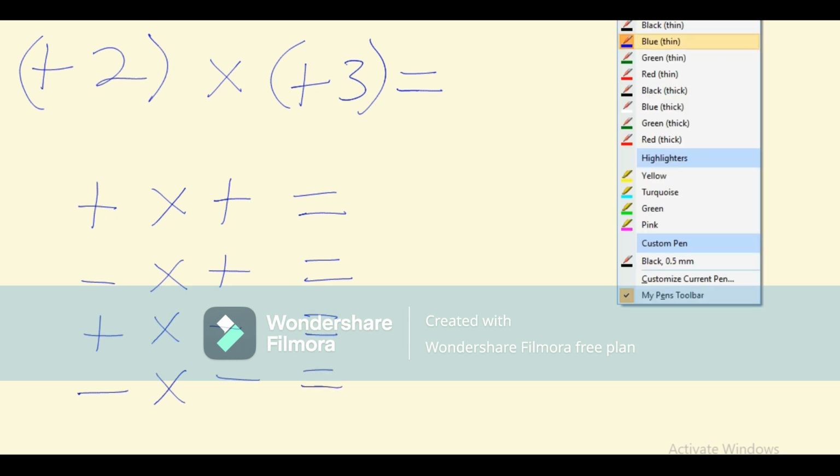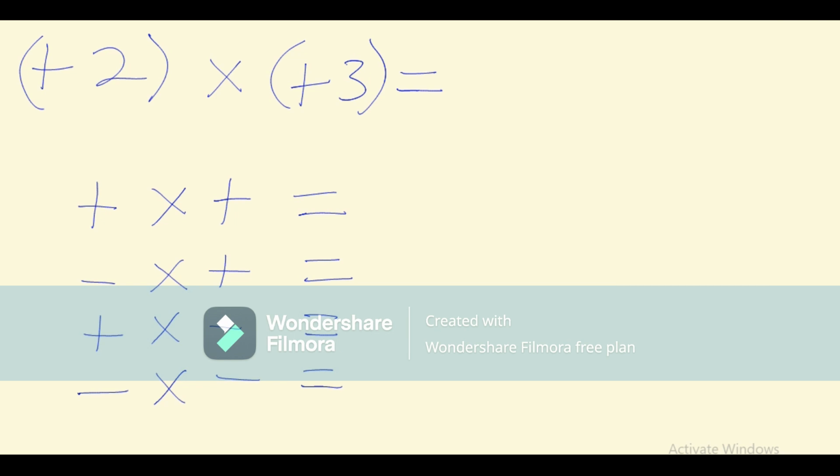What you just need to know is that two similar signs when multiplied together give a positive result, but two unlike signs, two different signs, when you multiply them together, you're definitely going to get a negative value.